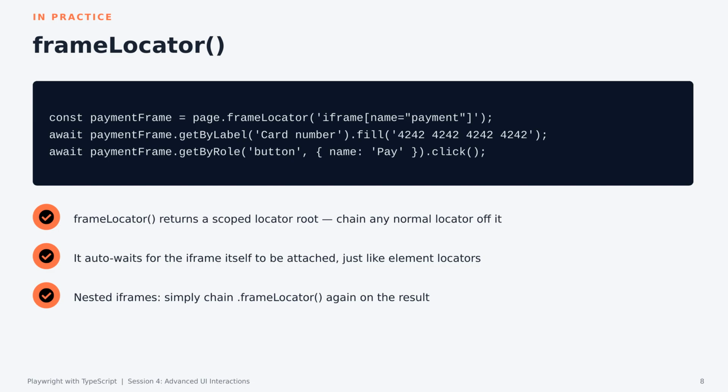It auto waits for the iframe itself to be attached, just like element locators do. And for nested iframes, an iframe inside another iframe, you simply chain .frameLocator again on the result, as many levels deep as you need.